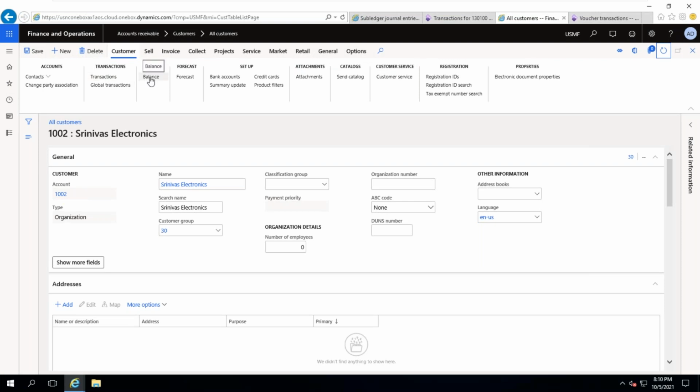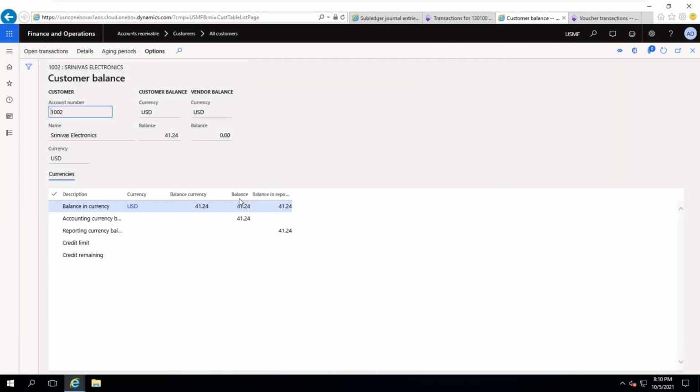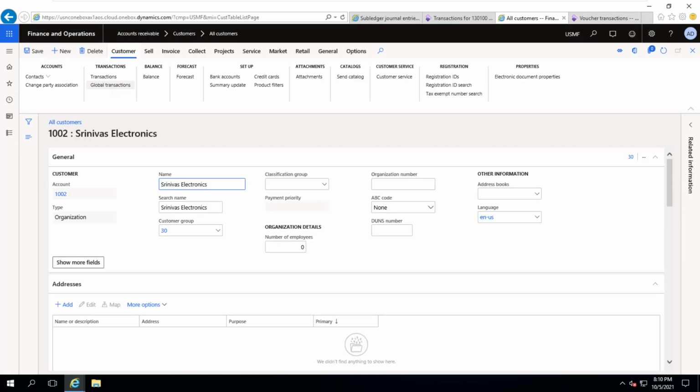And if you verify the balance, it will show you the 41.24, whatever you have entered. And if you want to see the transactions, it will show you the transactions in the transaction list.